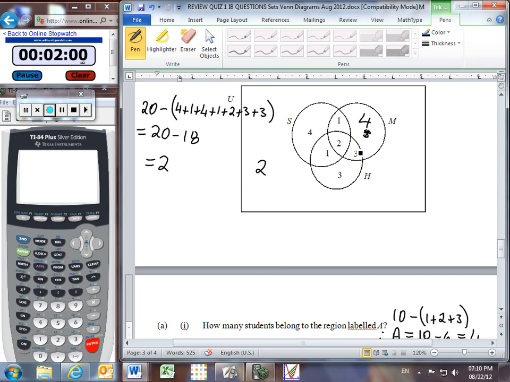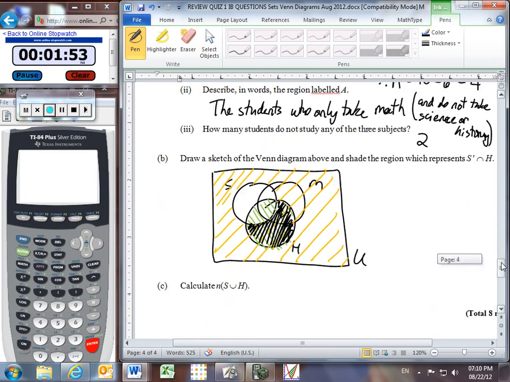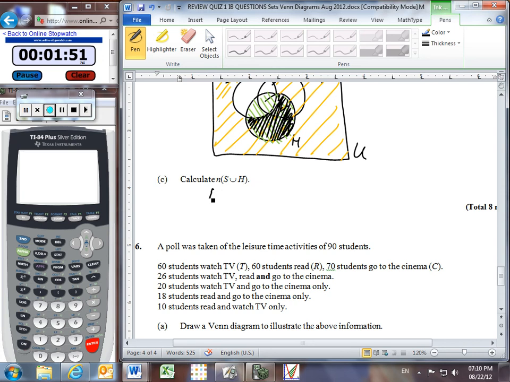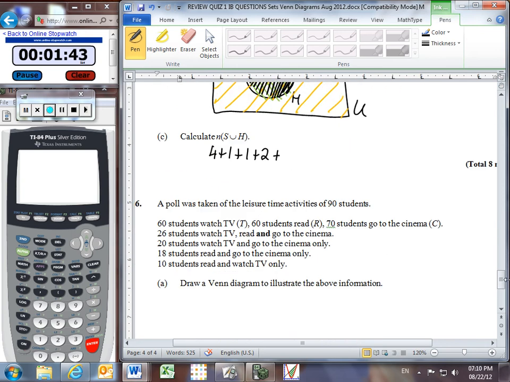So I can see that's 4 plus 1, plus 1 plus 2, plus 3 plus 3. Did I do that right? Yes. And that gives us a total of 14 students.